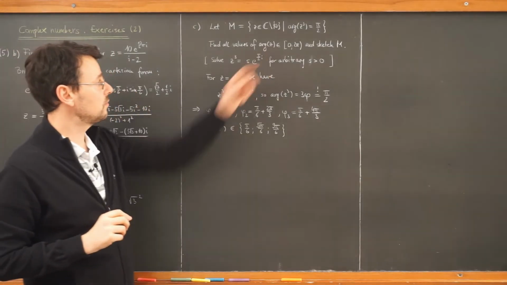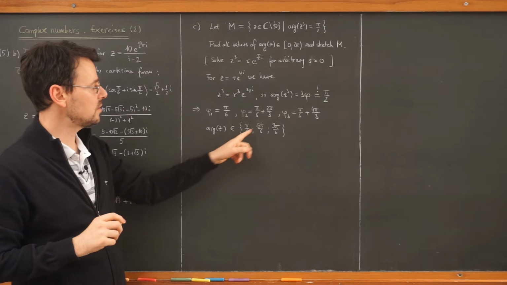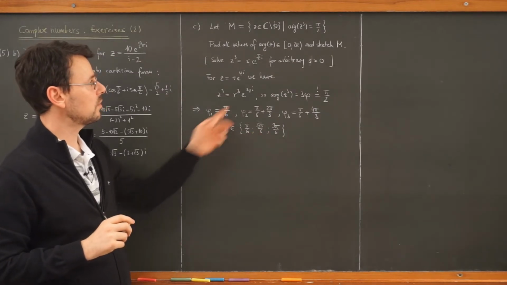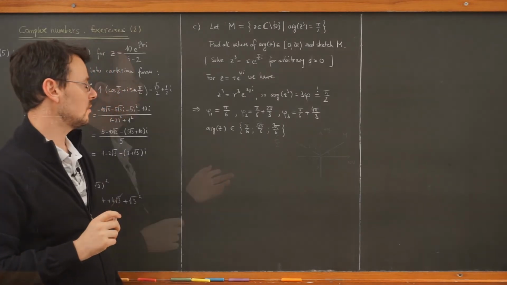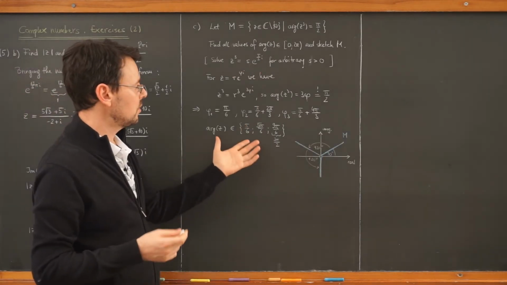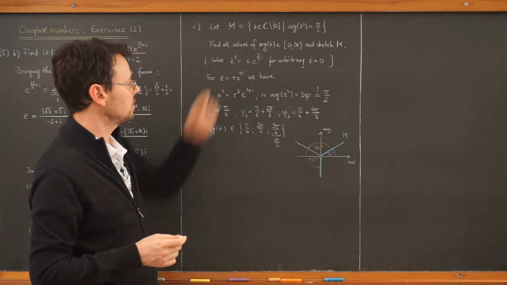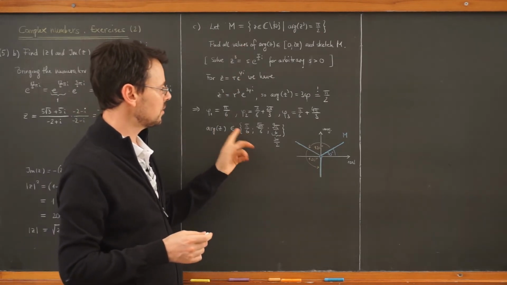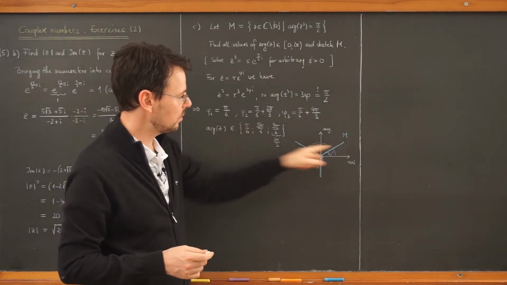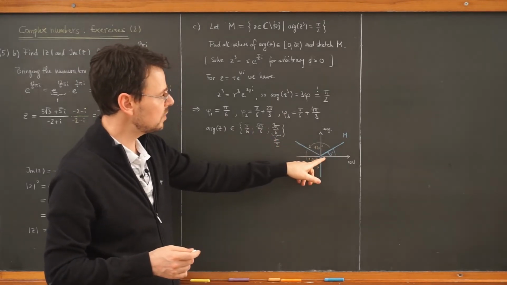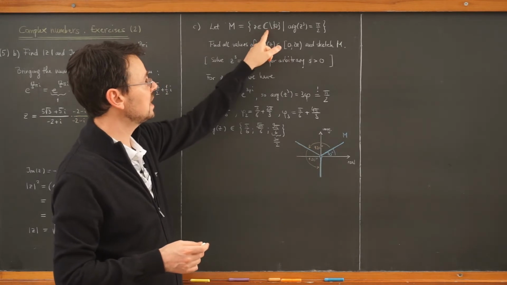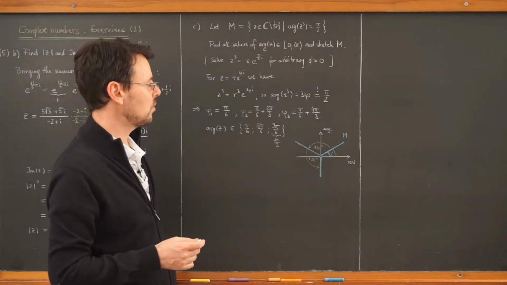So the answer to the first question would be these are the 3 possibilities for arguments of z lying in this interval here. Okay, once you understood this, then sketching this set is simple, because all you have to do is to draw 3 lines under these angles here, and you have to exclude the origin because z is not supposed to be 0.